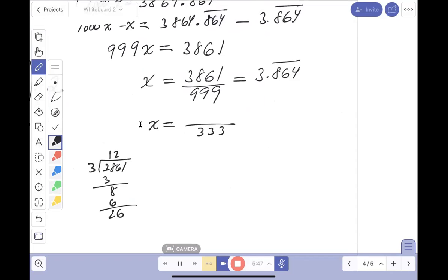Looks tough, right? Let's see. They're still divisible by 3. And let me put that down for you. 3. And I'll put this on the side over here into 1287.